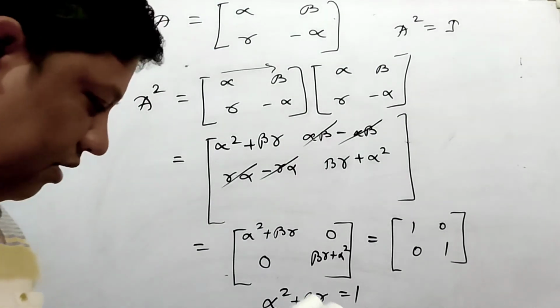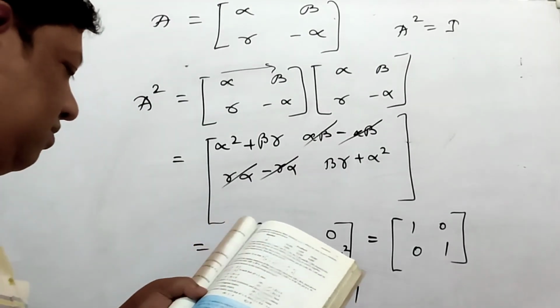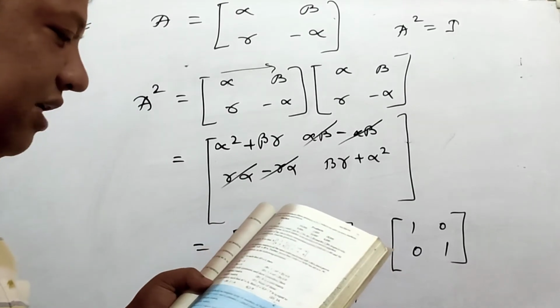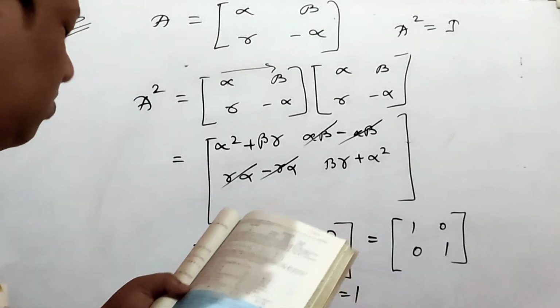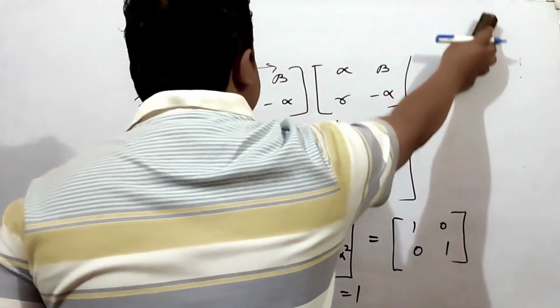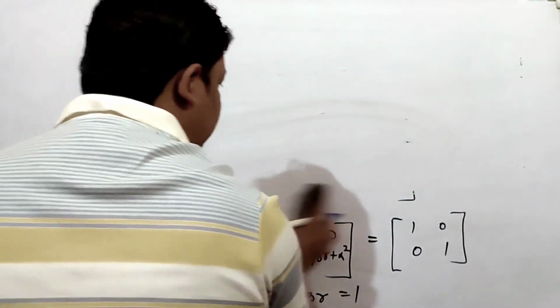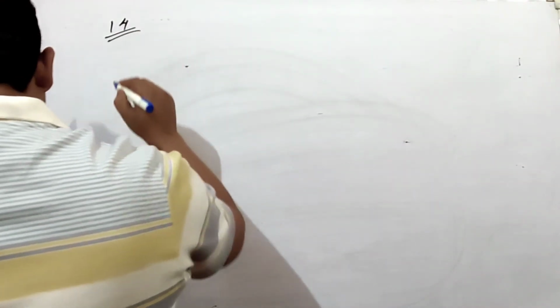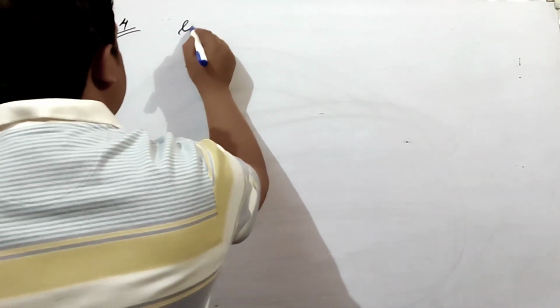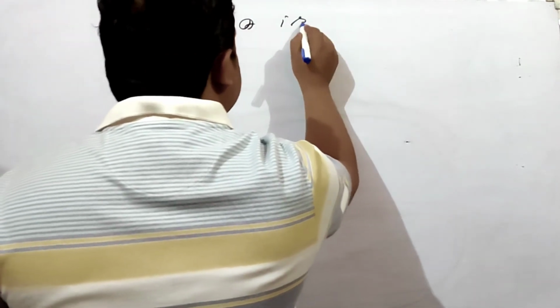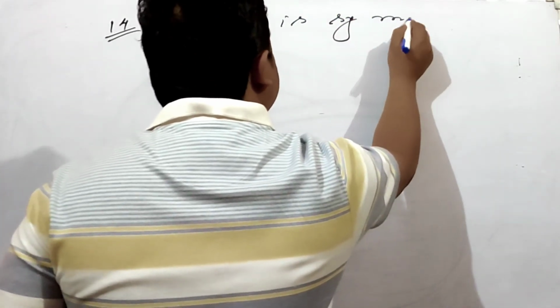Next, question number 14. It is given that if the matrix A is both symmetric and skew-symmetric, then what will hold? Let A be a symmetric matrix.